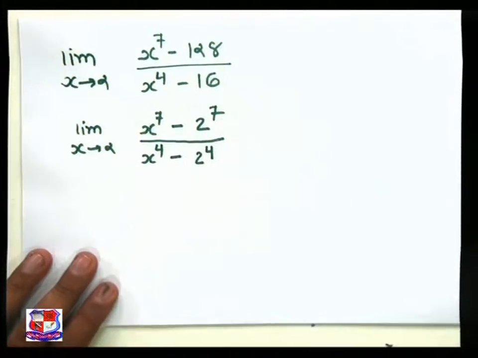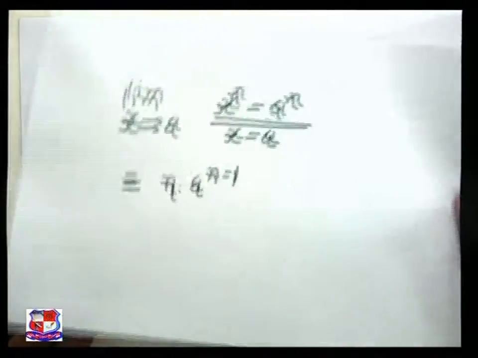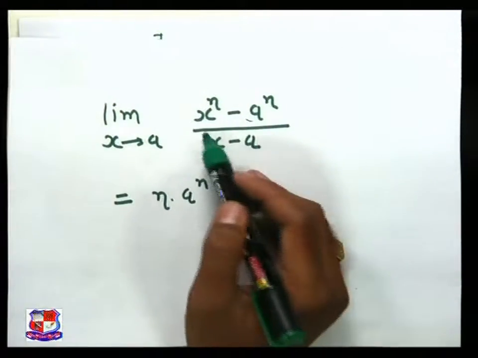Now what is the formula, x raised to n minus a raised to n divided by x minus a.